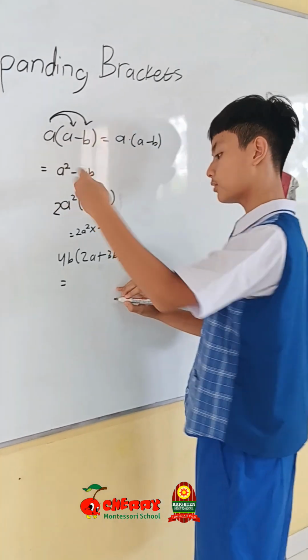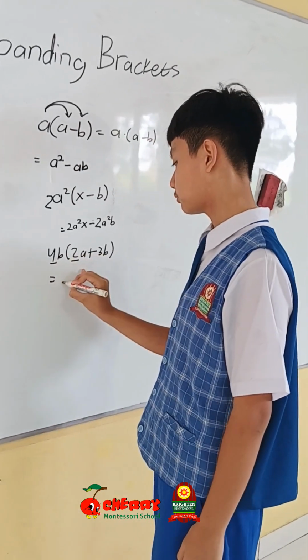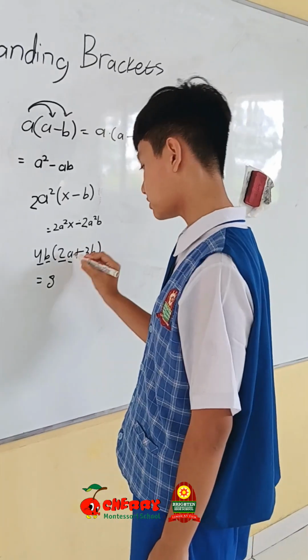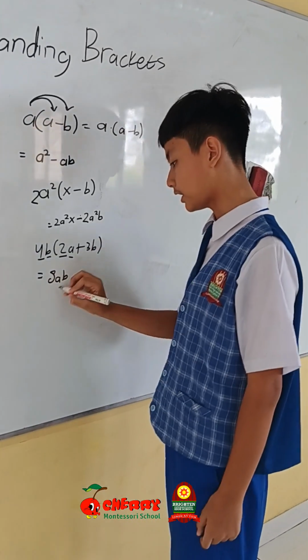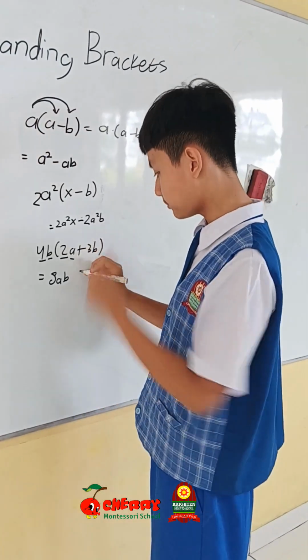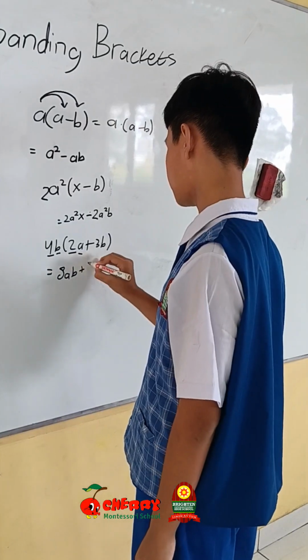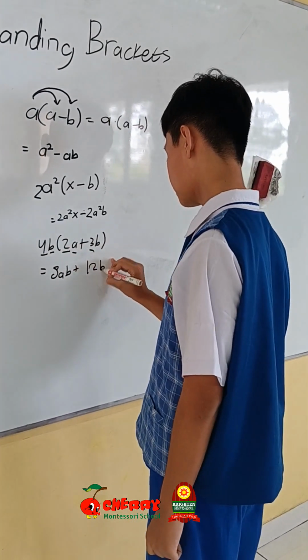It's the same as both of these, but all you need to do is 4 times 2, which is 8. And b and a, since they are different, you just write a and b, because I follow the alphabetical order. 4 times 3 is 12, and b is squared.